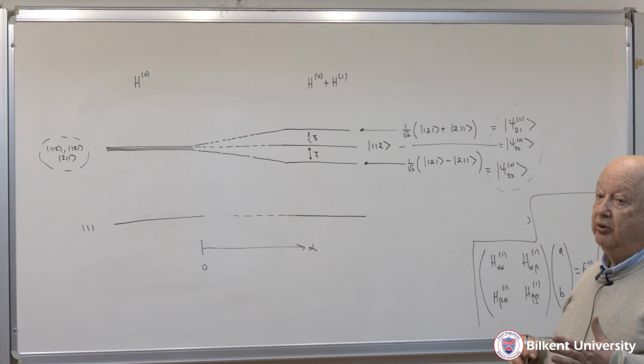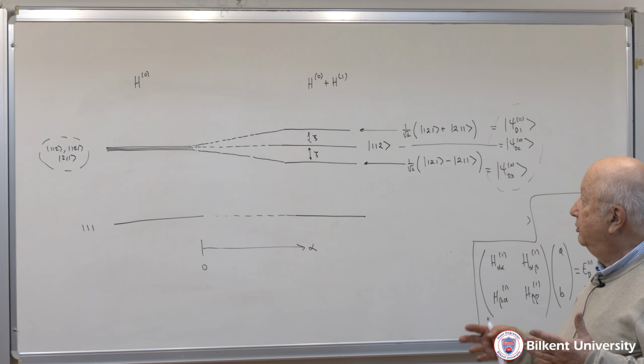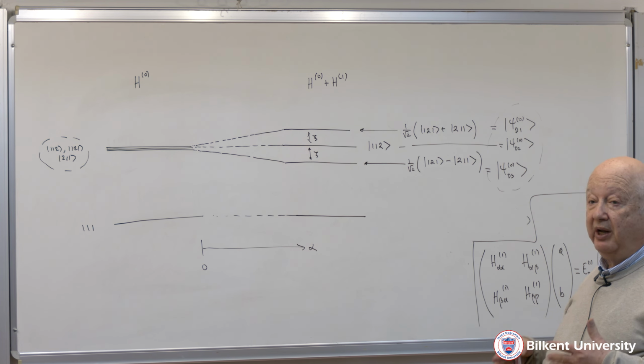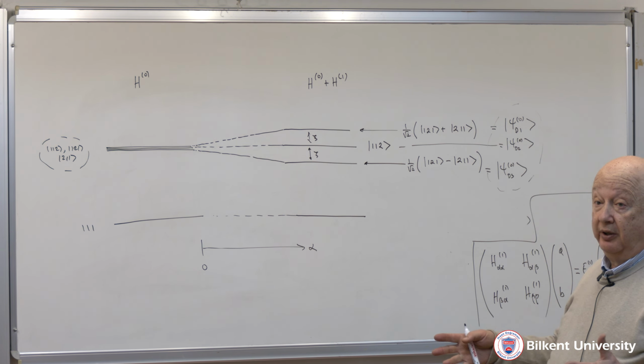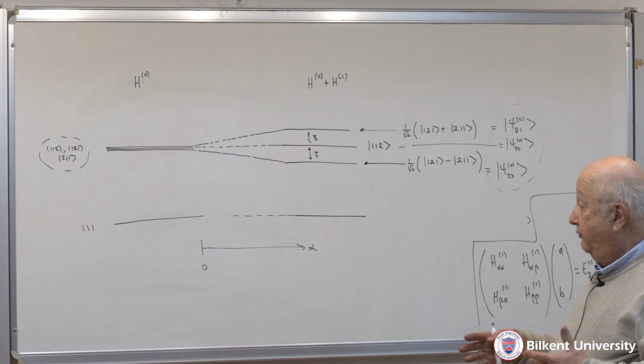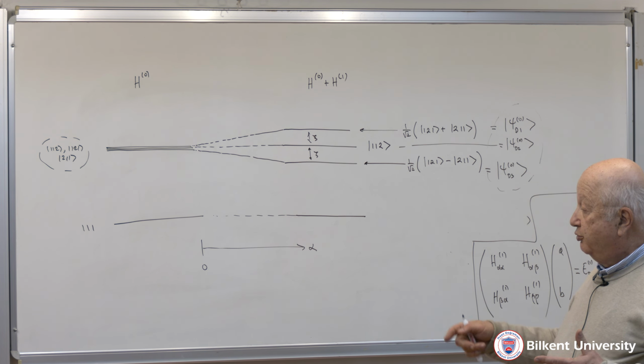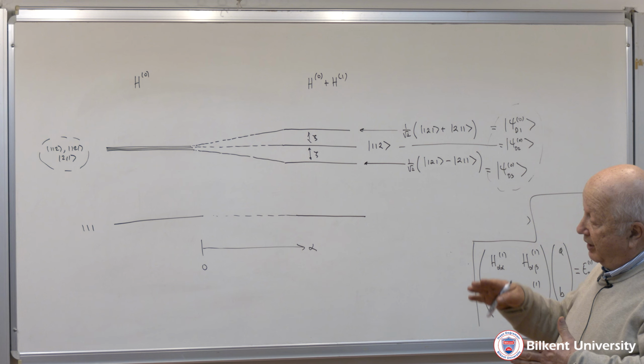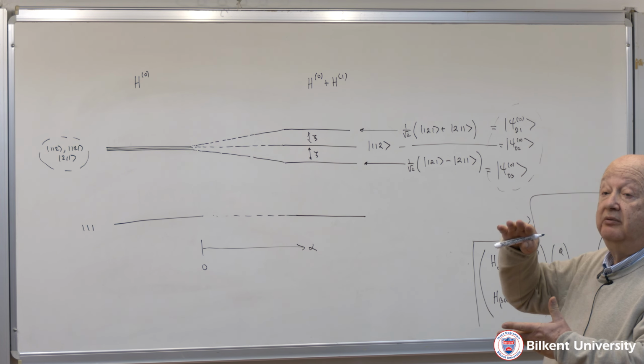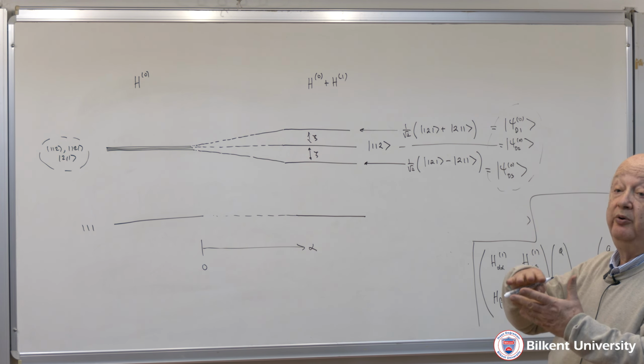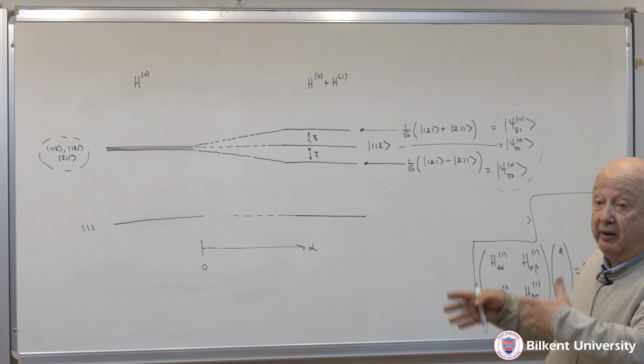So you can lift that degeneracy by breaking that symmetry in H1. That's how you do it theoretically. But if you are doing an experiment, of course, you can look at how these levels are getting split when you apply some field, which again breaks the symmetry.